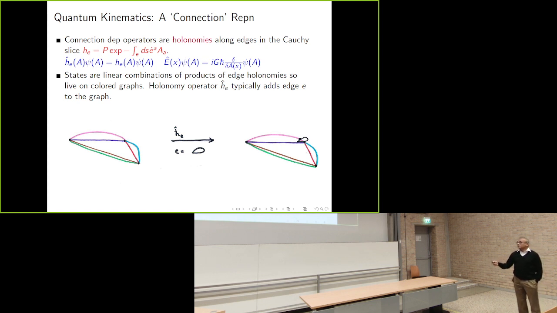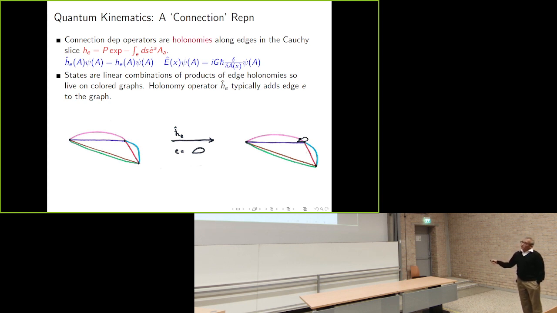If you give me an edge in the Cauchy slice, I can integrate the connection one form over the edge, and there is a path ordered exponential which you write down, which is gauge covariant. In order to actually sum the series term by term in this exponential, you need to use some representation of SU(2). So this also involves implicitly a spin representation of SU(2), so j equal to 1/2, 1, 3/2, or whatever.